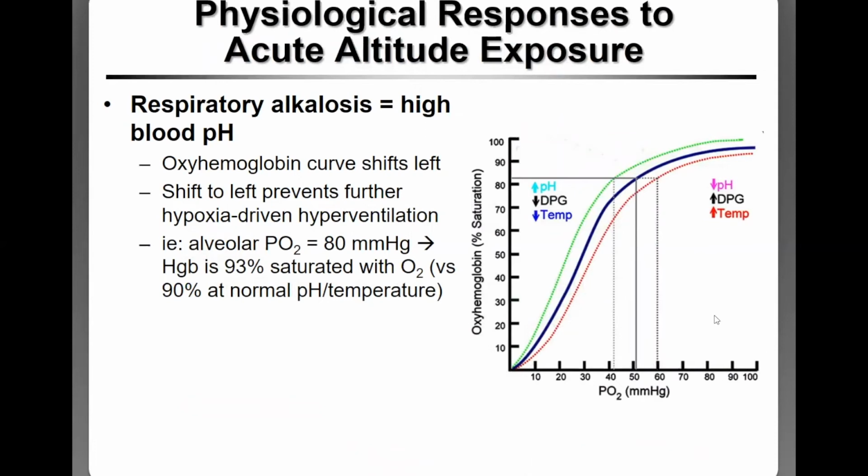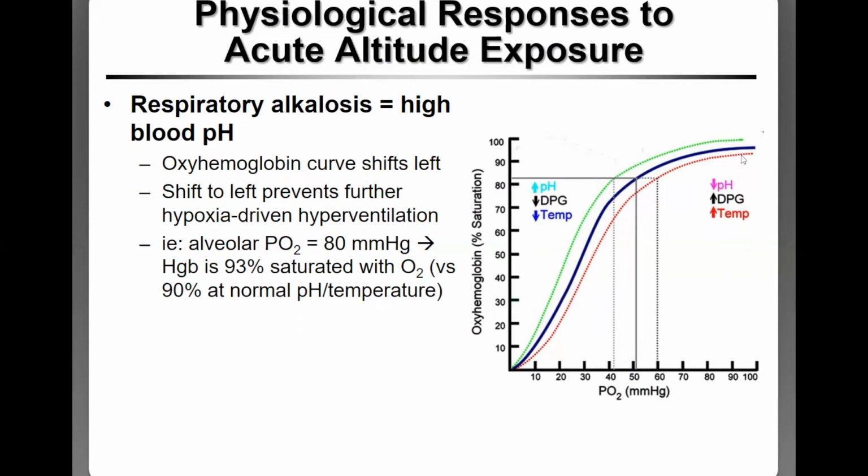So this curve should look familiar. This is the hemoglobin oxygen dissociation curve, where the blue line is that baseline curve. And we talked about different factors which can shift the curve to the left or right. So at altitude, our body temperature drops, our pH increases because we're hyperventilating, and this causes a leftward shift of the curve.